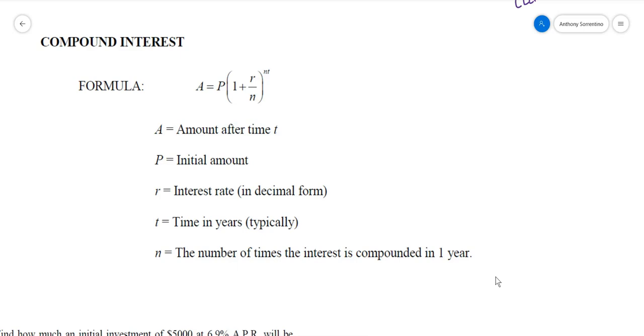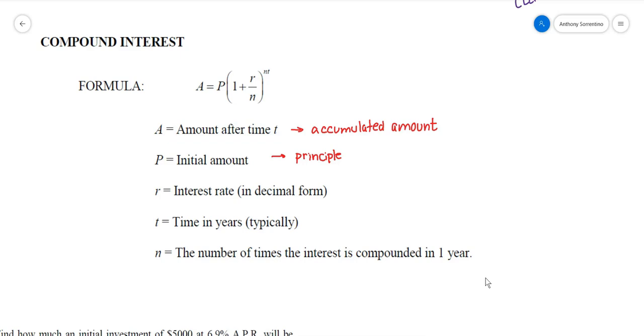So we have A, which is the amount after time t. Sometimes you'll see this referred to as the accumulated amount. P is the initial amount, which will sometimes be known as the principal. That means what you're putting in there and depositing originally.